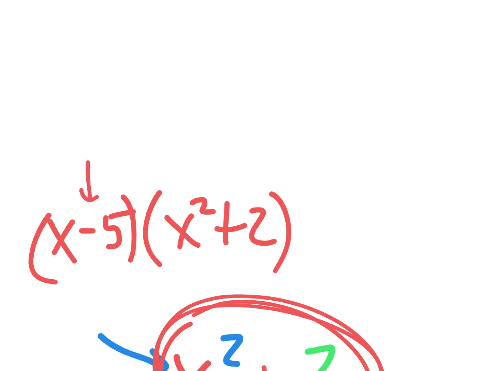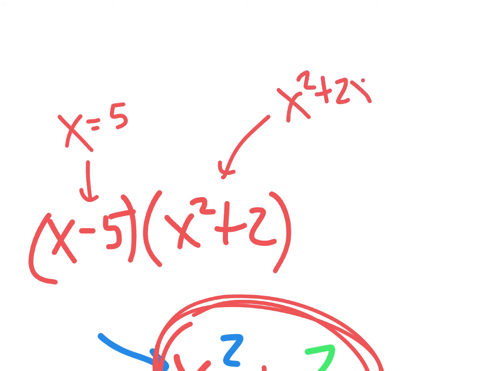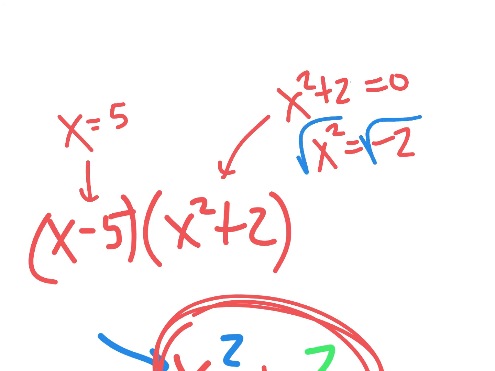Otherwise, if they want the other answers, x equals 5. And can you guys set that equal to 0 and solve it? X squared plus 2 equals 0. X squared equals negative 2. Square root. Absolute value of x is i root 2.